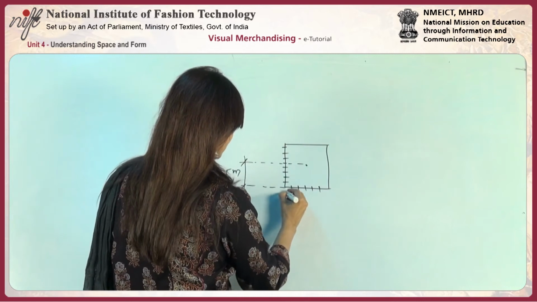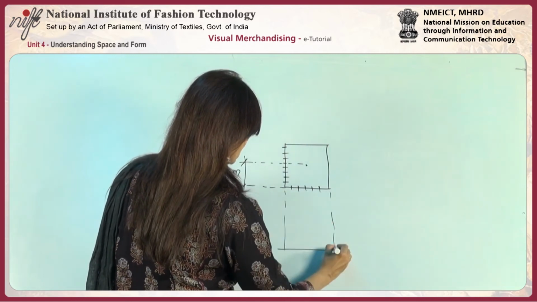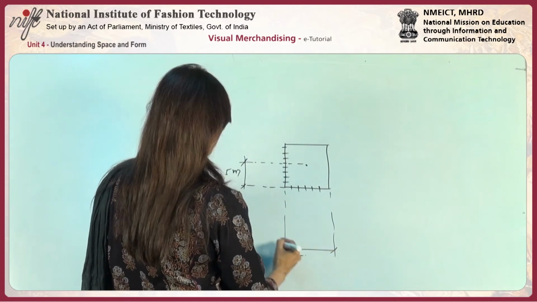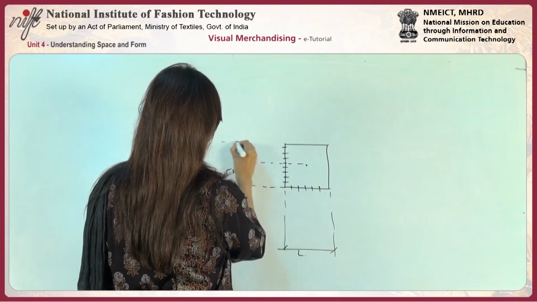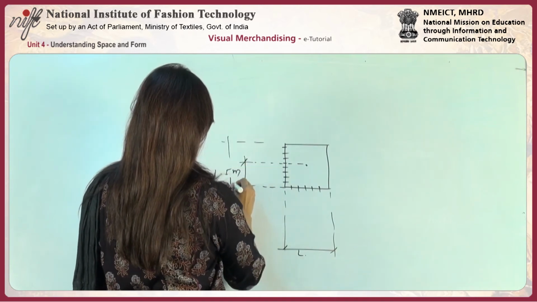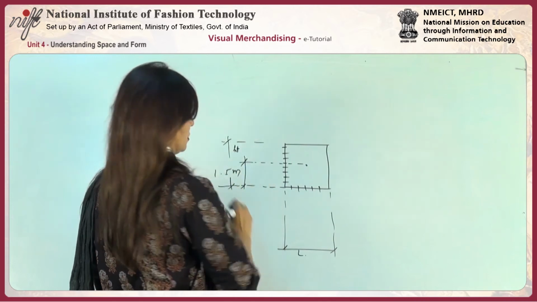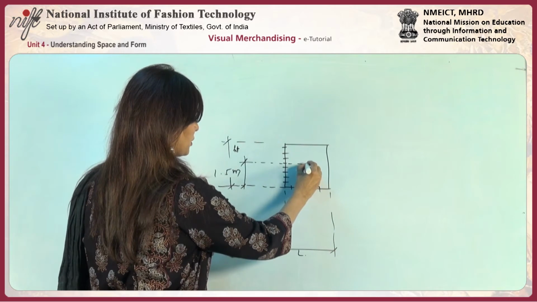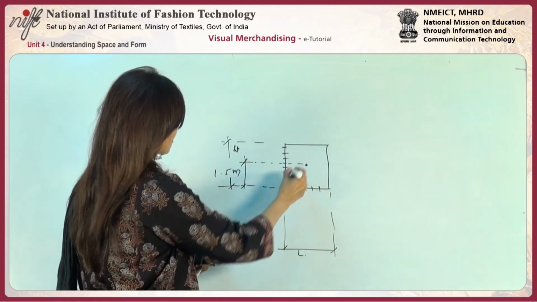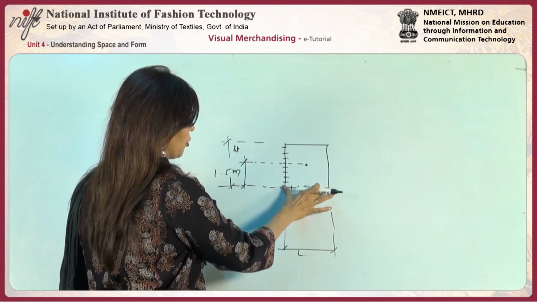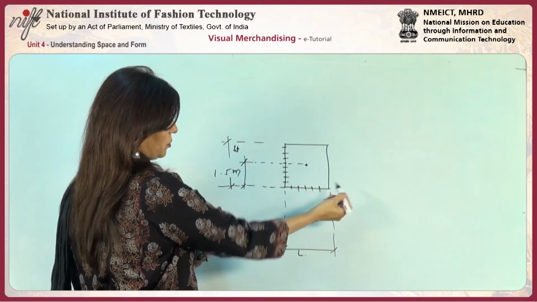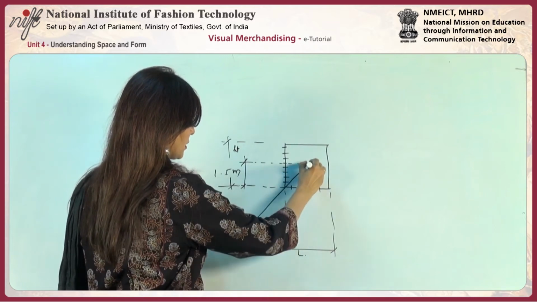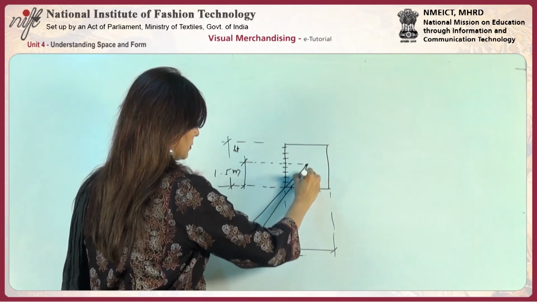Basically this dimension is the length of the room and this dimension is the height of the room. So now that we have got our viewing point and we have divided the length of a room and the height of a room into equal parts, let us join the lines from this point and project them.